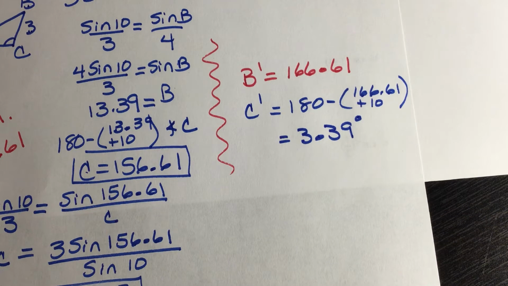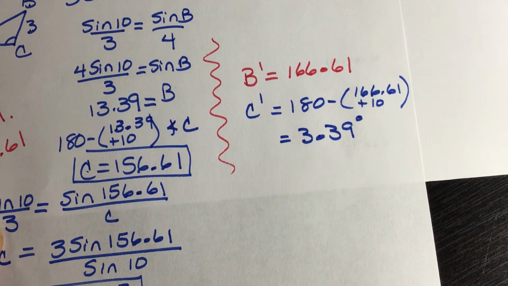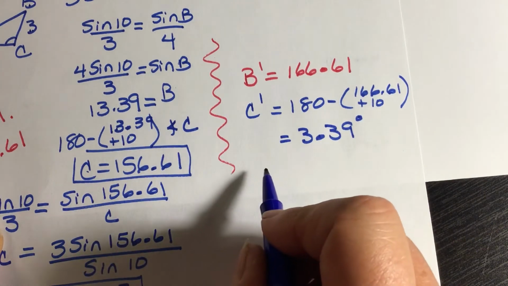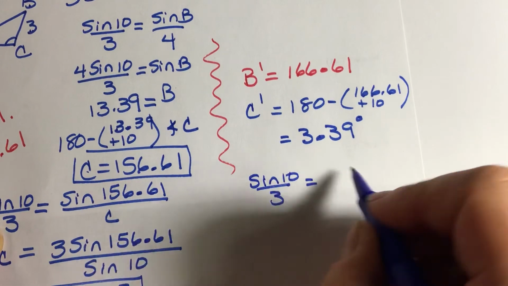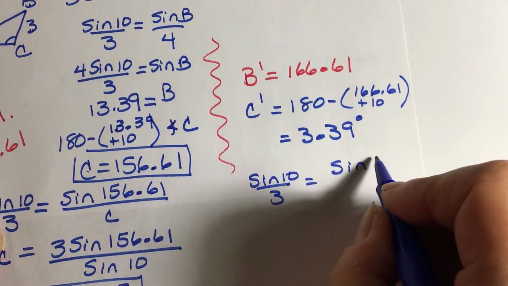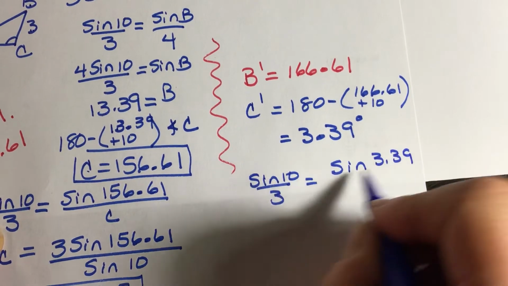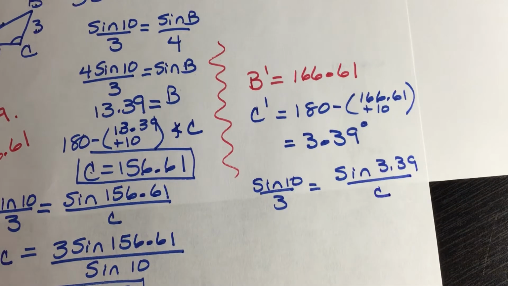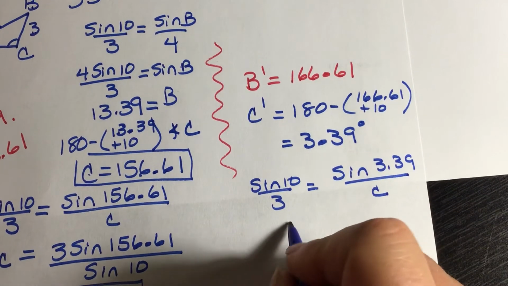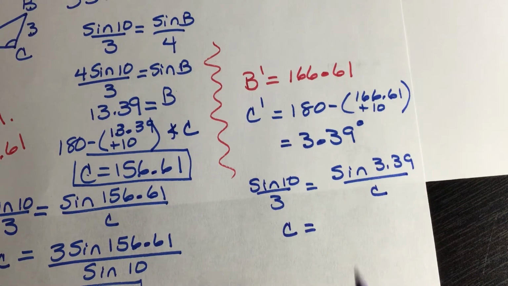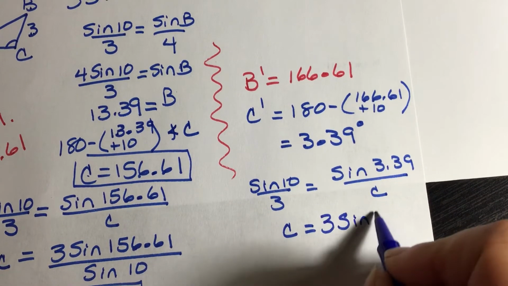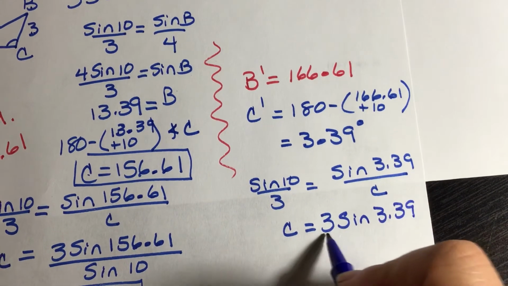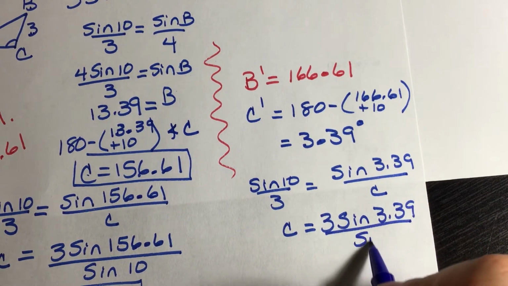And then to find side C, I'm going to still use my law of sines. And I'll have sine 10 over 3 and sine 3.39 over side C. So in this case, C is going to be 3 sine 3.39 over sine 10.